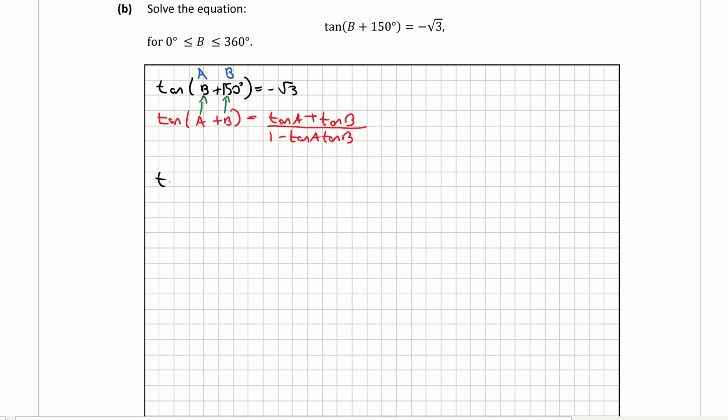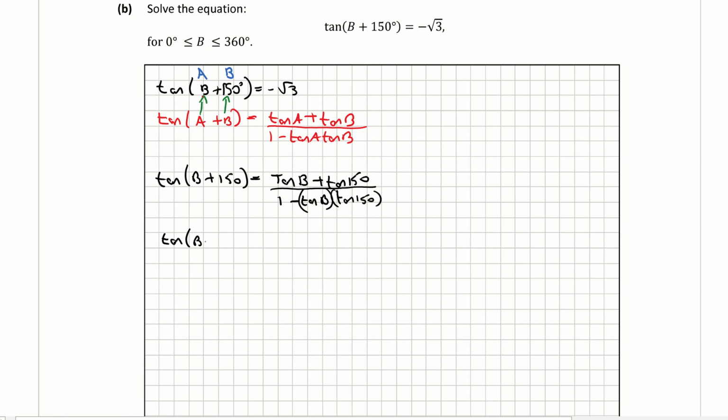So that's giving me tan of b plus 150 degrees is equal to tan a, which now becomes tan b when I'm subbing in, plus tan 150, all over 1 minus tan a, which is now tan b, times tan of 150 degrees. Just make sure your calculator is in degrees when you're working out tan 150.